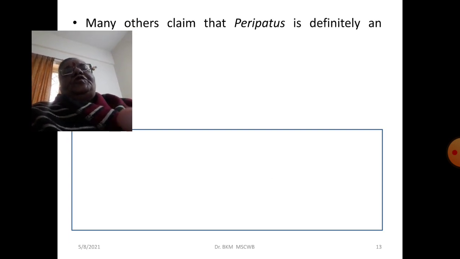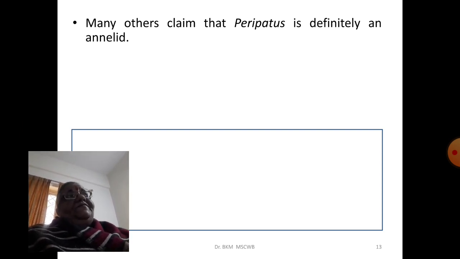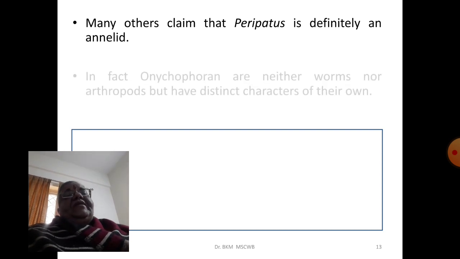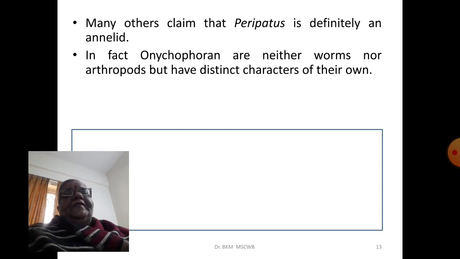Now, if so, where are we going to keep it? So, many people say that Peripatus is definitely an annelid because of its vermiform appearance. In fact, they are neither worms nor arthropods, but they have unique salient features of their own, right?